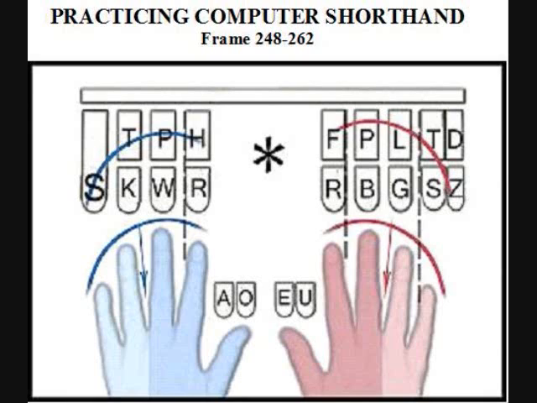Okay, frame 256 is will when it comes first in the phrase. Will I? Will you? Will he? Will she? Will it? Will we? Will they?